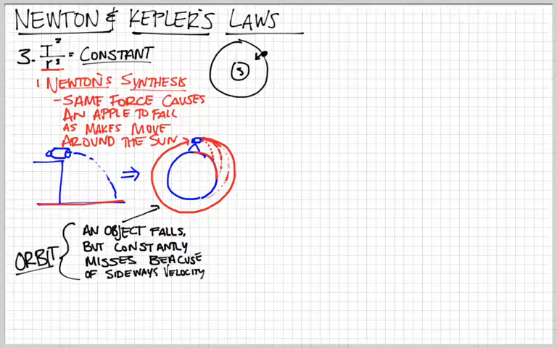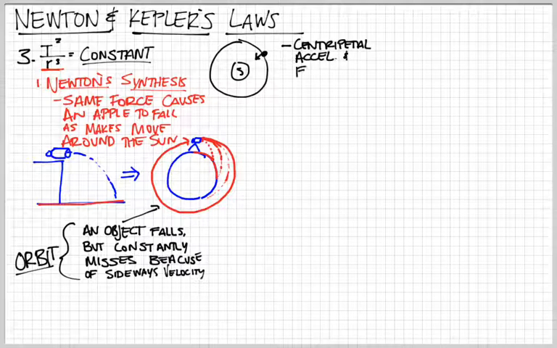It's going in a circle, and we know that objects going in circles have centripetal acceleration. So we're dealing with centripetal acceleration and centripetal forces. Whatever force is making the Earth go around a circle is acting in the same direction as a string that's tied to a ball that you pull around in a circle.